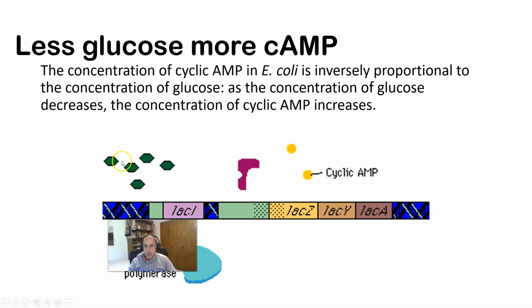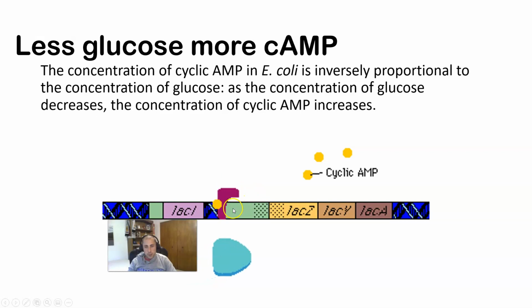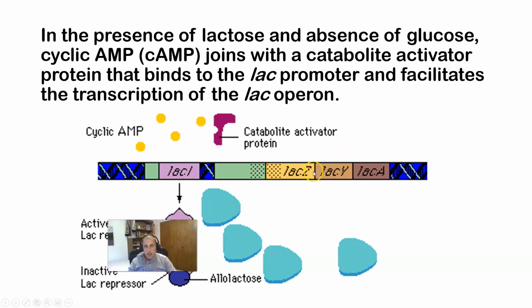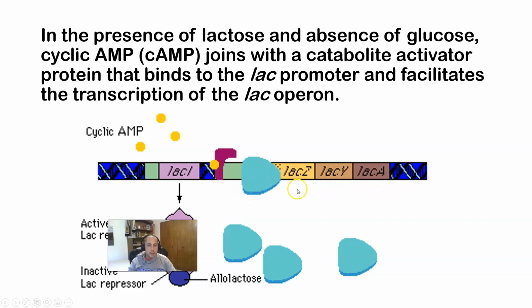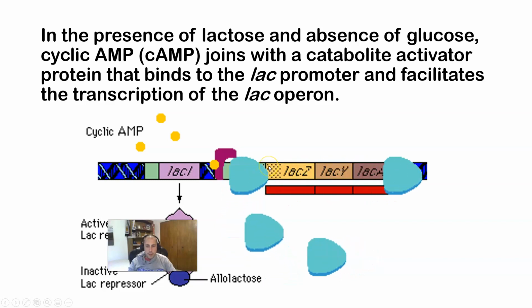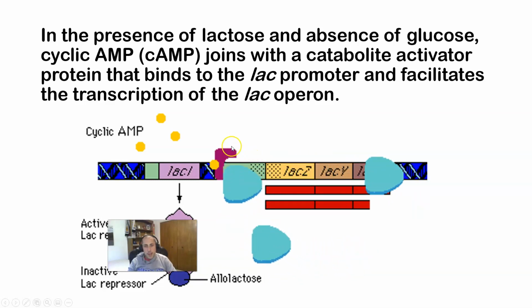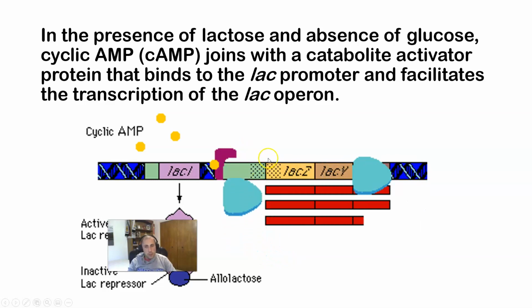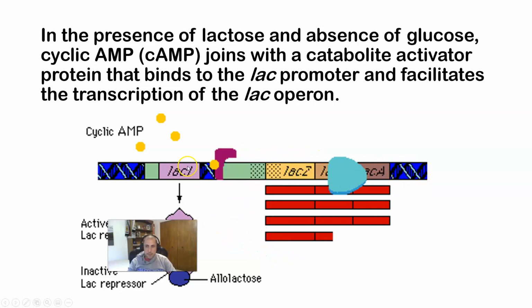As those disappear, now we start to make cyclic AMP, the cAMP. Now that we have extra, they're going to fit into this guy right here. It's going to join on as the operator, and then the promoter will work, and then we're going to transcribe and make the mRNA so that we can make more galactase to make more glucose. And once we get more glucose, then this will stop.